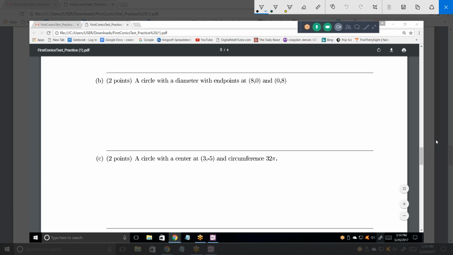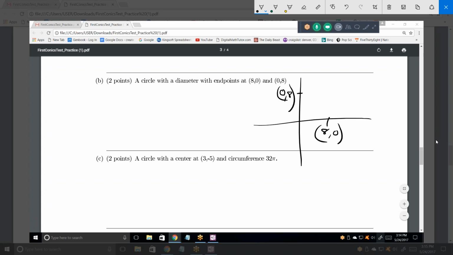All right. When you have a problem like this, it's hard to go wrong by drawing a picture. Where are my endpoints? (8, 0) and (0, 8). Let's call that (8, 0). Let's call that (0, 8).